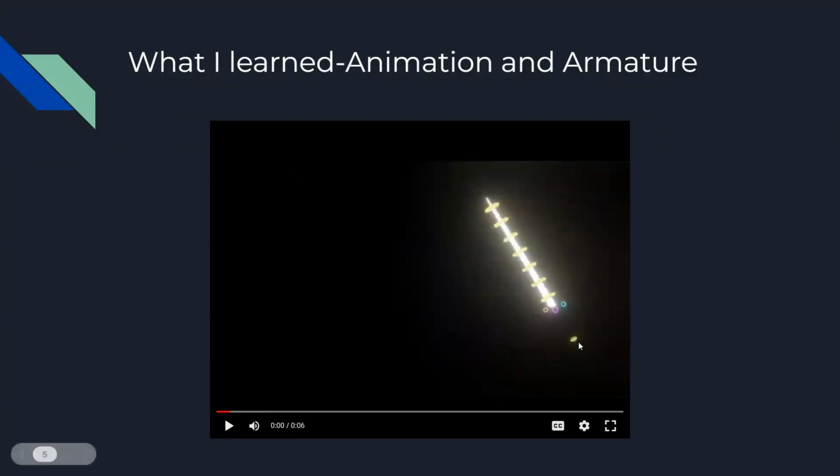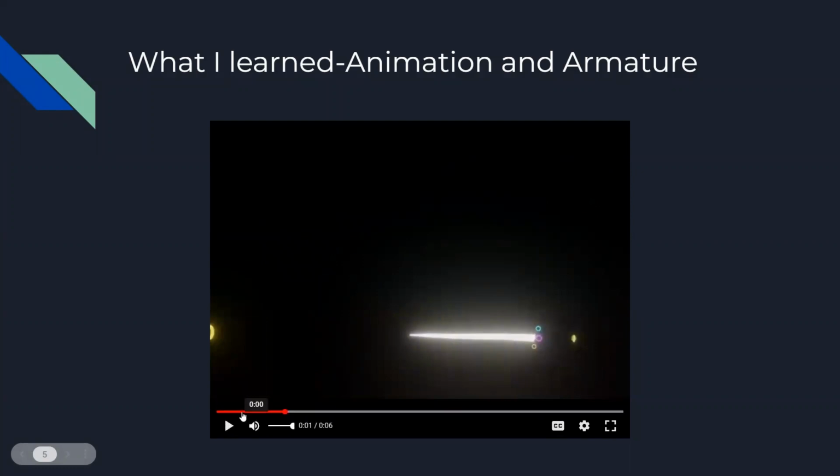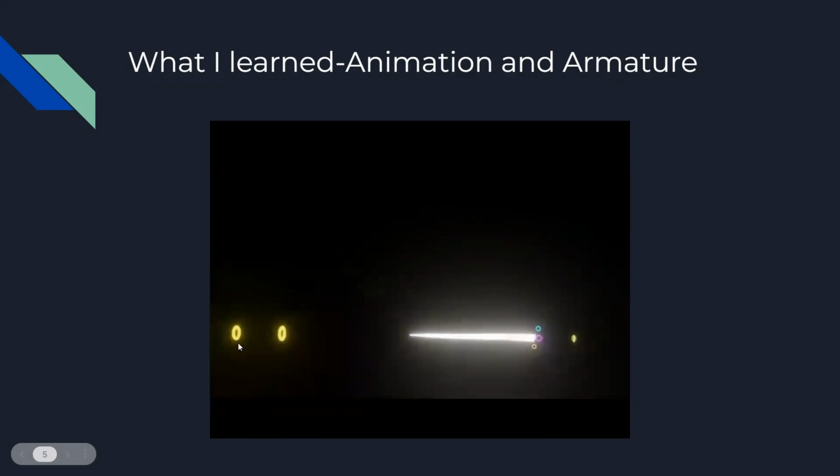And then I used an armature on the handle of this claymore here. So I rotated it and then animated. So this part, these rings, basically just move outwards and they go out and they come back.